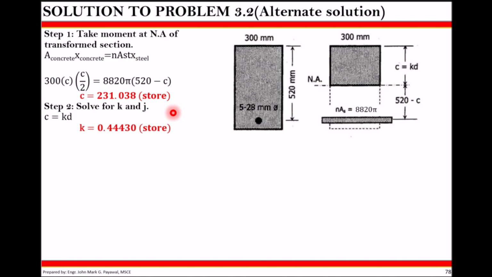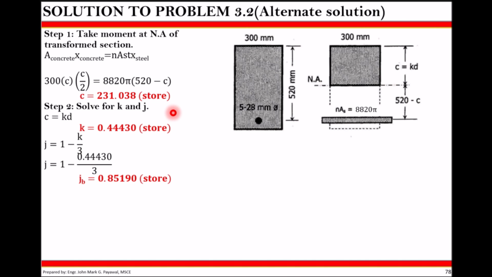But here, there is less memorization of formula. All we did is compute for the height of c, and then compute for k, and now compute for j. j is easy to remember. It's just 1 minus k over 3.